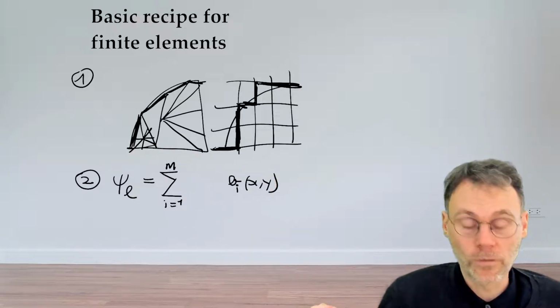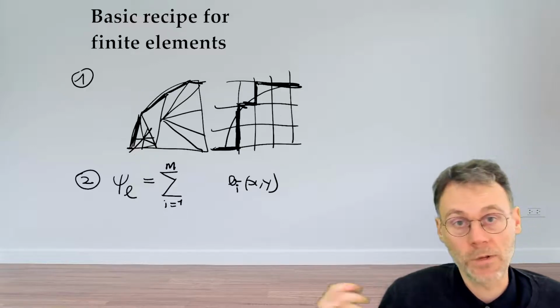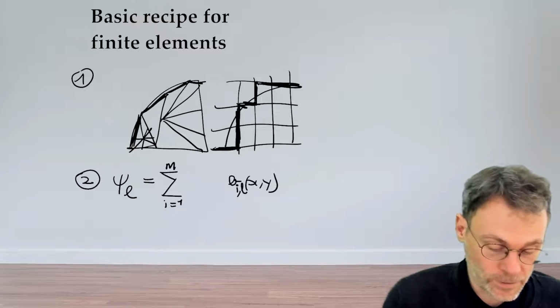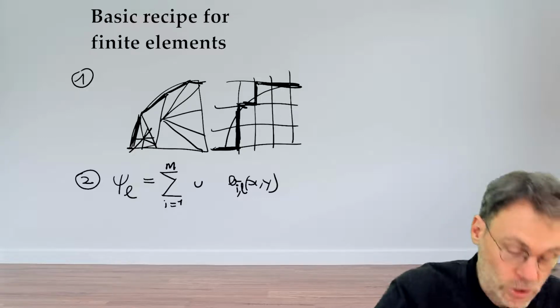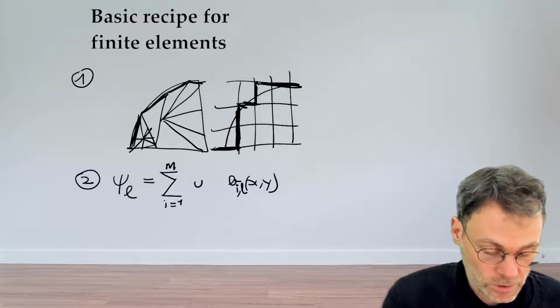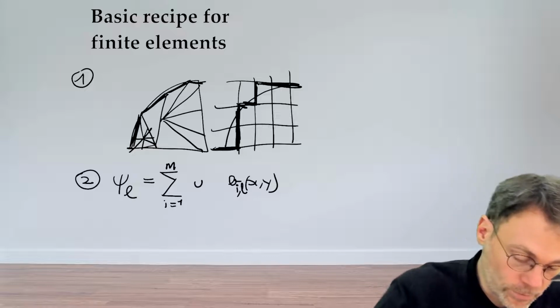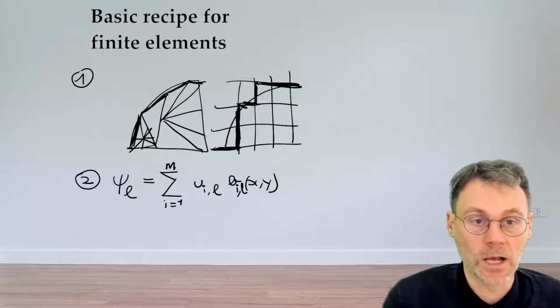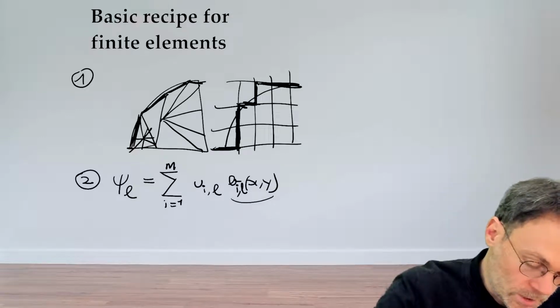And we should also allow for the fact that these basis functions can be different from element to element. So we have another index L here. And then, of course, we have expansion coefficients for these basis functions, which are the unknowns of our problem. So u_i, and also they are different for each element L. So these basis functions are known.